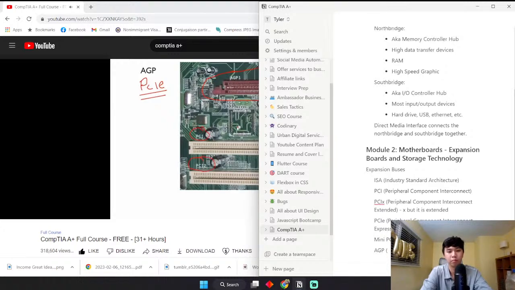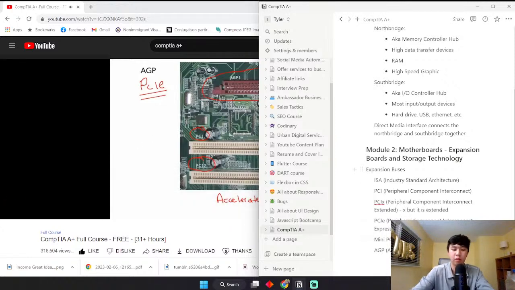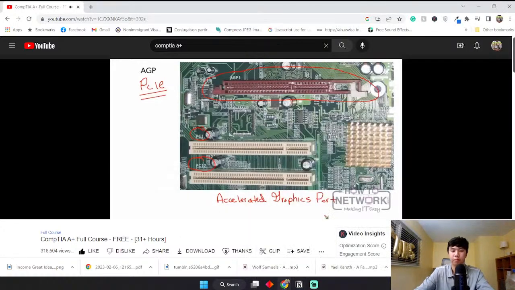Okay, so what happened was, for a while, the PCI wasn't very fast, and we needed something that could specifically deal with graphics. And so they created this AGP, which stands for Accelerated Graphics Port. And as the name implies, it was specifically for graphics, and graphics cards were made specifically to utilize it.